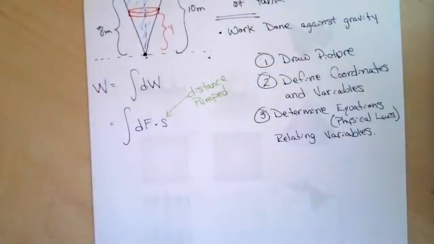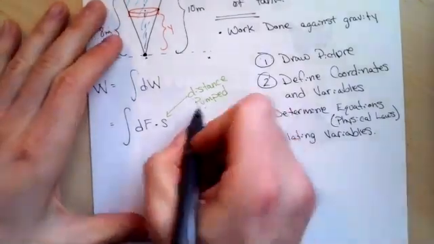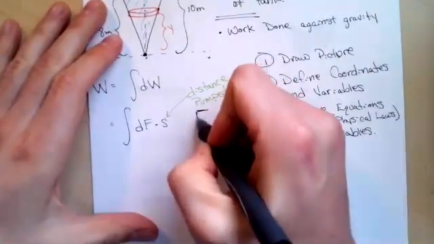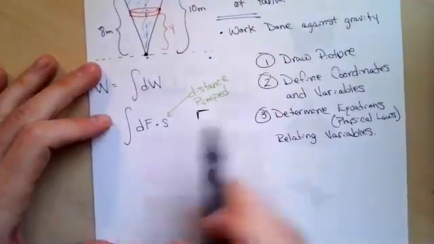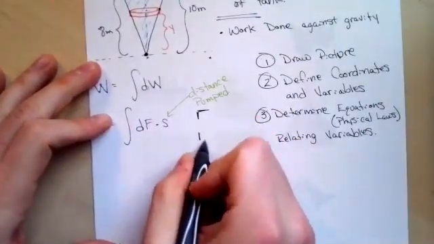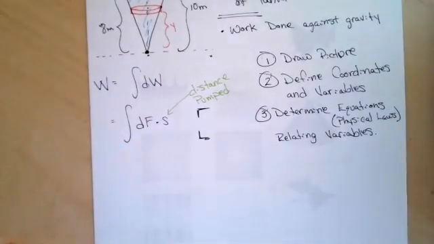S is going to be related to the variables we've defined. And this is part of the process of relating the variables. Sometimes we have to introduce a new variable when we realize maybe we haven't had enough. This one's easy enough.